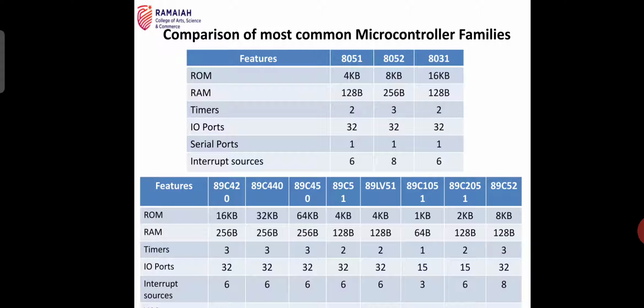And the 51 and 31 have the same features of number of timers, number of IO ports, number of serial ports, and interrupt sources. But the 8052 has 3 timers, 32 IO ports, 1 serial port, and 8 interrupt sources.